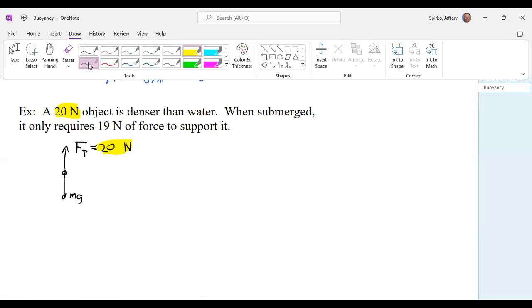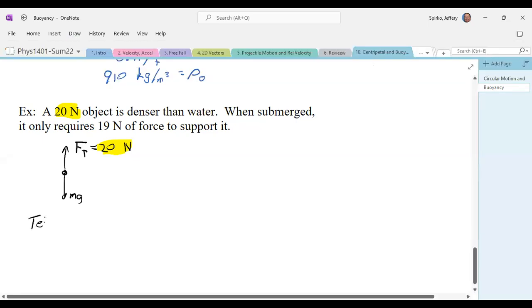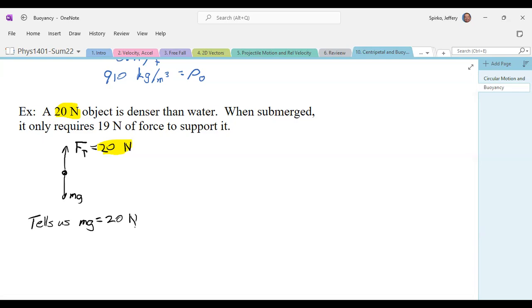And what this tells us is that the mass times gravity is equal to 20 newtons. And that value for the object doesn't change unless your object is permeable and becomes waterlogged. Then there's questions as to what constitutes the object and whether the water that comes in becomes part of the object or not.